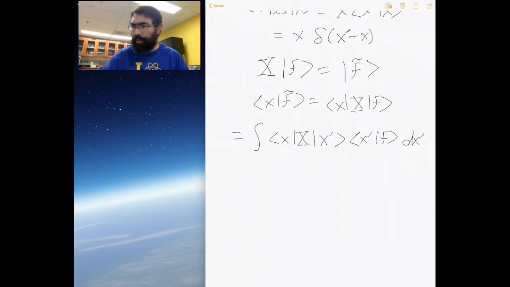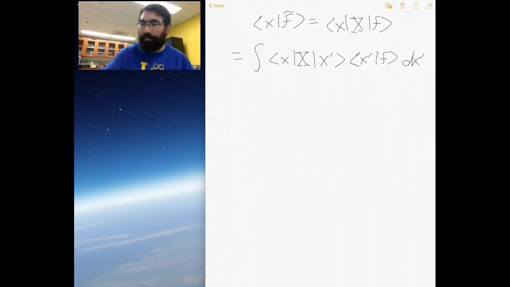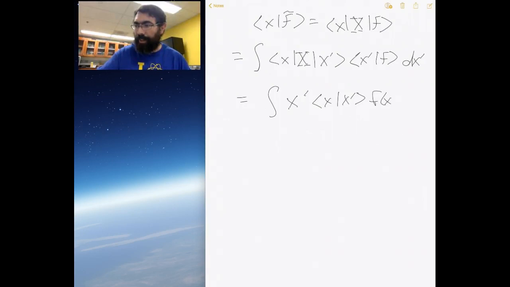So when I do that, what do I get? Well, I get basically the integral of X prime, and this is the function F as a function of X prime, and then integrate over dx prime. This product right here of X and X prime is the delta function.